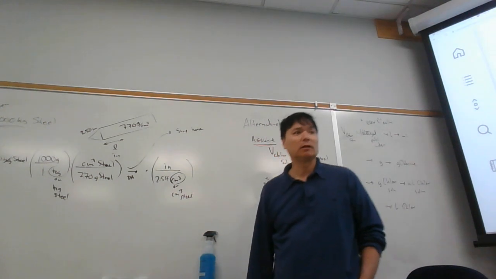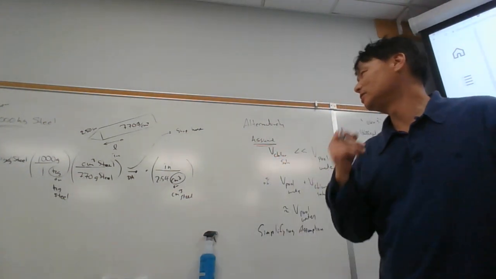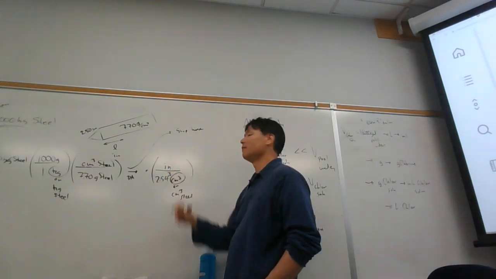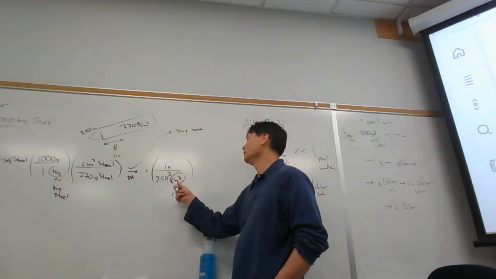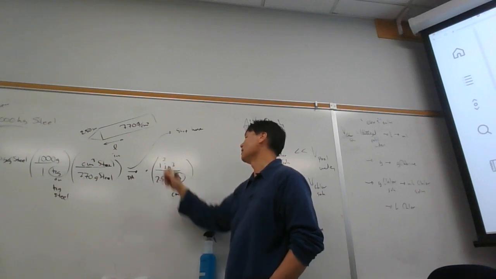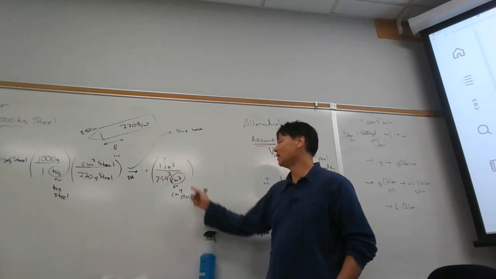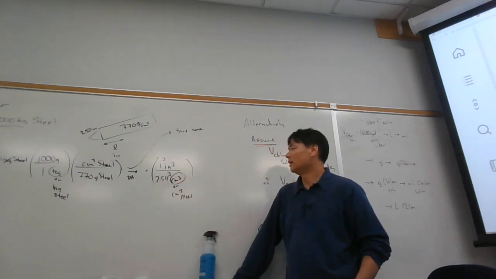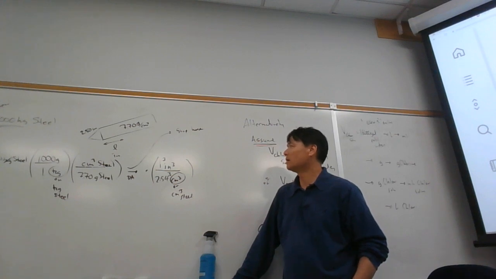Does that work? No, that doesn't work. What do I have to do to fix it? I need to cube everything: 2.54 cubed, inches cubed, and the 1 needs to be cubed. Everything needs to be cubed here. Should I cube the cube? No. Okay, now it works. Then that's going to give me cubic inches.